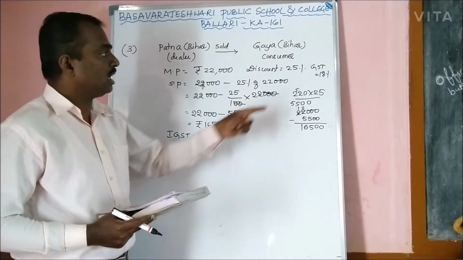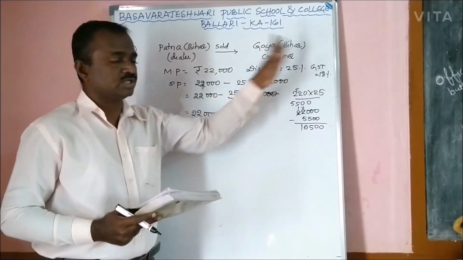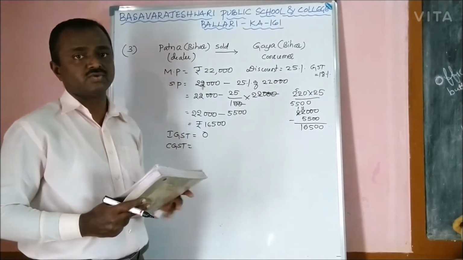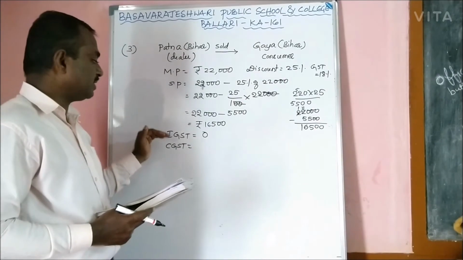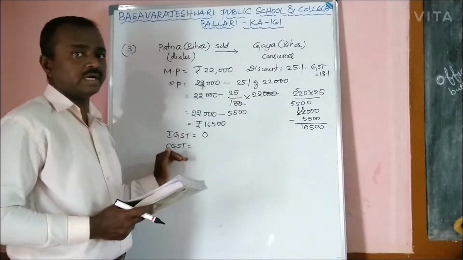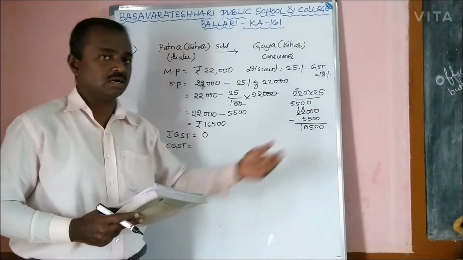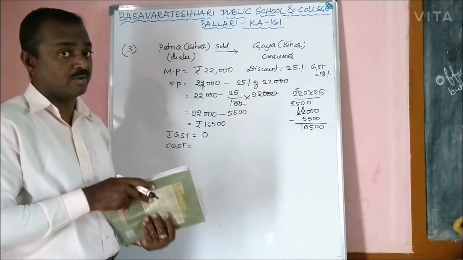Total GST is 18%, so 9% will go to the central government and the remaining 9% will go to the state government. Remember that point.